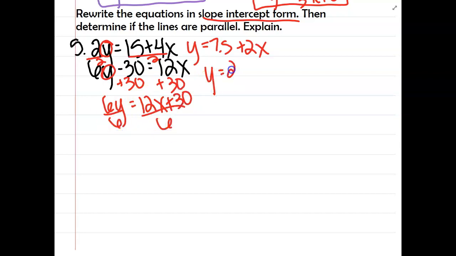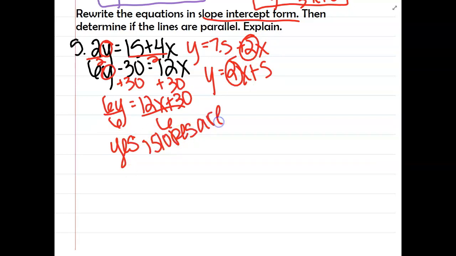So we have y equals 2x plus 5. So are these lines parallel? Yes. Now I know this one isn't written in mx plus b, it's kind of written in b plus mx. But yes, their slopes are both 2. So we'll say yes, slopes are both equal to 2.